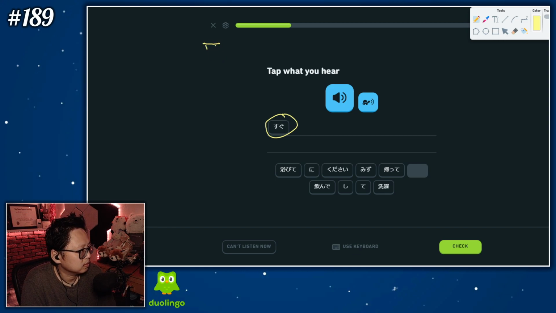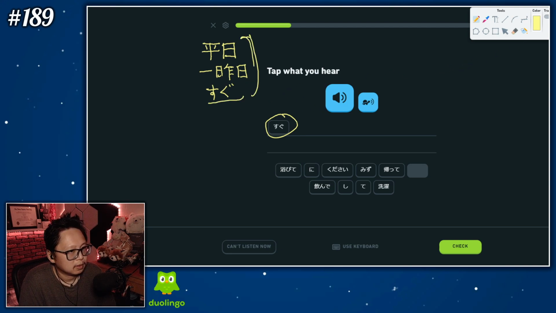We can lump sugu with heijitsu and ototoi, because it deals with time. That's how we're gonna lump them together in this unit. Okay.